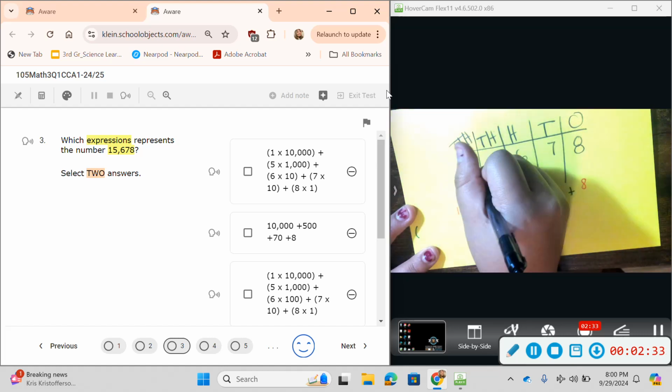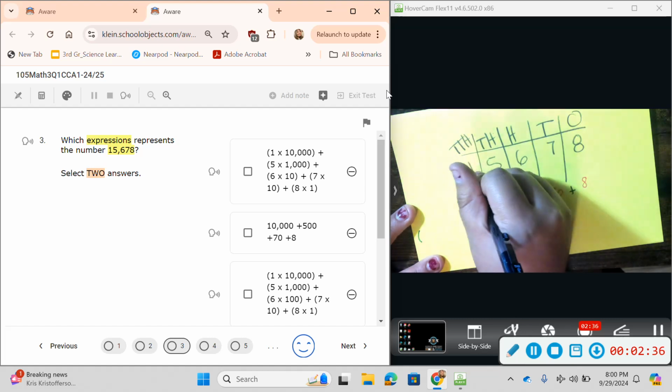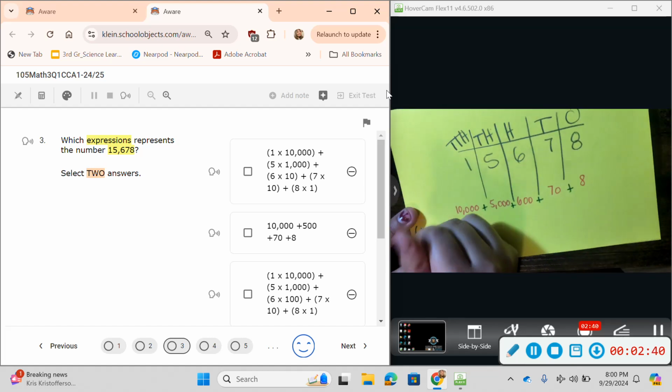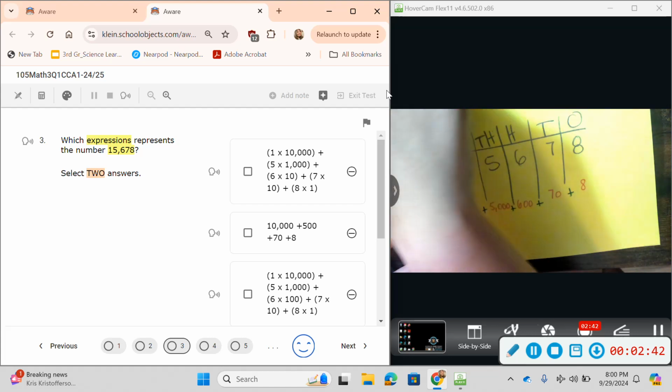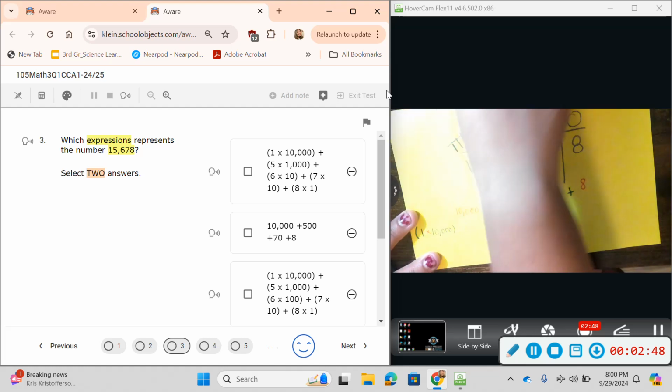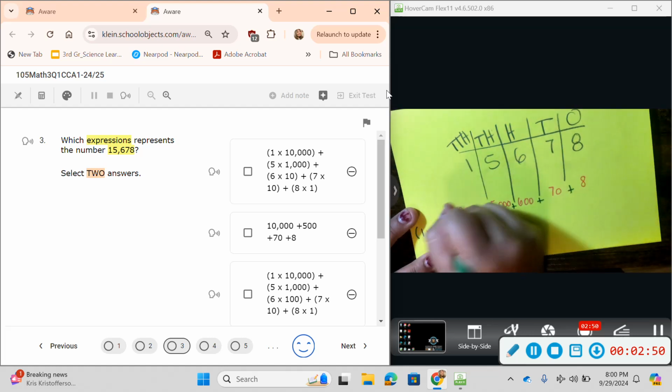We take the digit, we put a parentheses, the digit is 1, multiplied by the place value. And here the place value is 10,000. And then we put in between a plus sign.